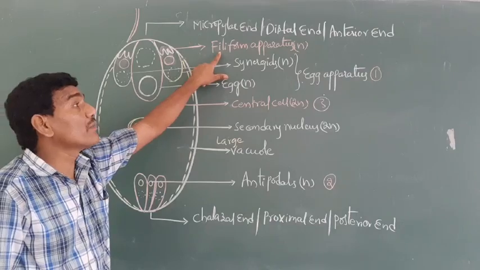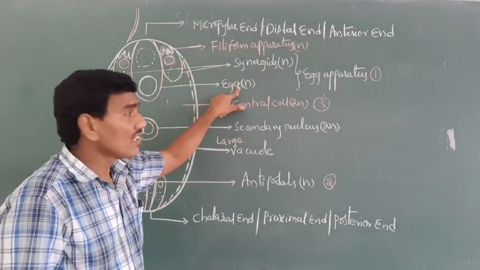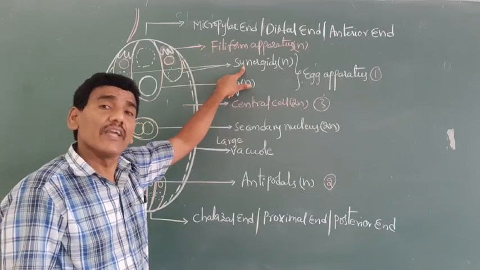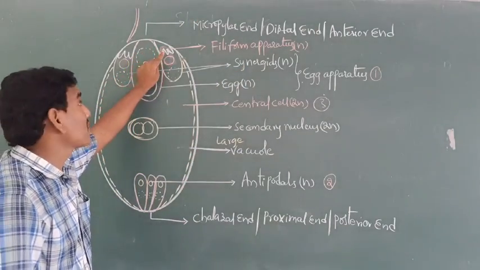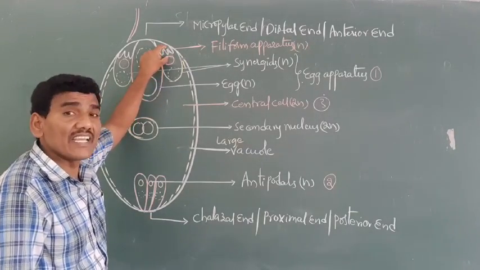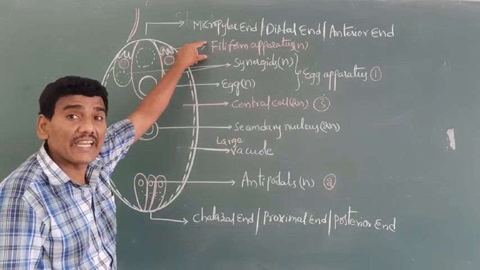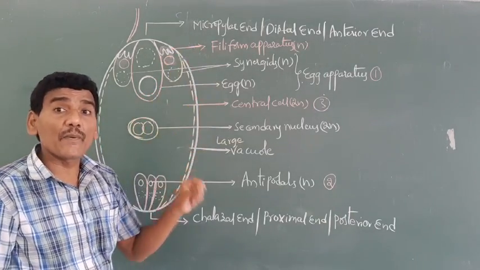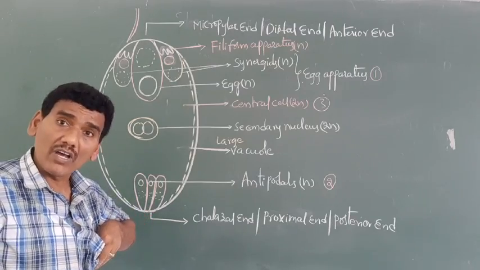The ploidy of the filiform apparatus is N. The ploidy of the egg is N. The ploidy of the synergids is N. Filiform apparatus are nothing but extensions of cell wall of synergid.